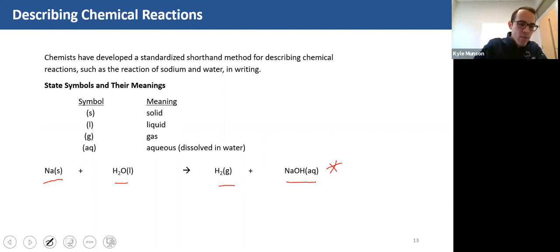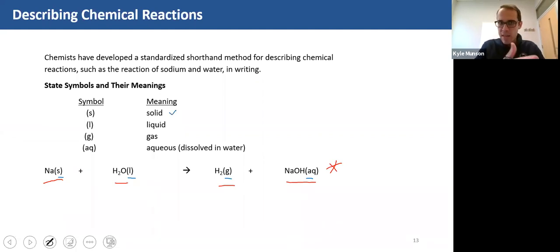And so there are these new things here that I can't remember if we've seen before, but these are state symbols. These tell us the state of each one of these molecules or elements. So for example, sodium, this S means solid.